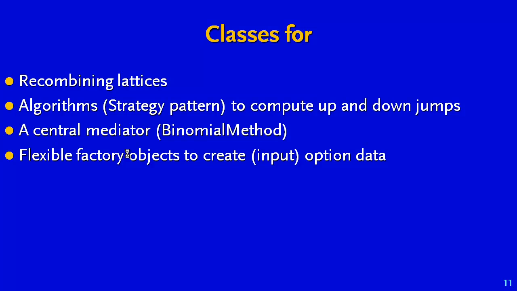Later on you'll see in the code I've got some factory objects for creating option data. In my main program, maybe like the way you've done it in MATLAB, you don't need to create the data yourself; you let a factory object create the data objects for you.